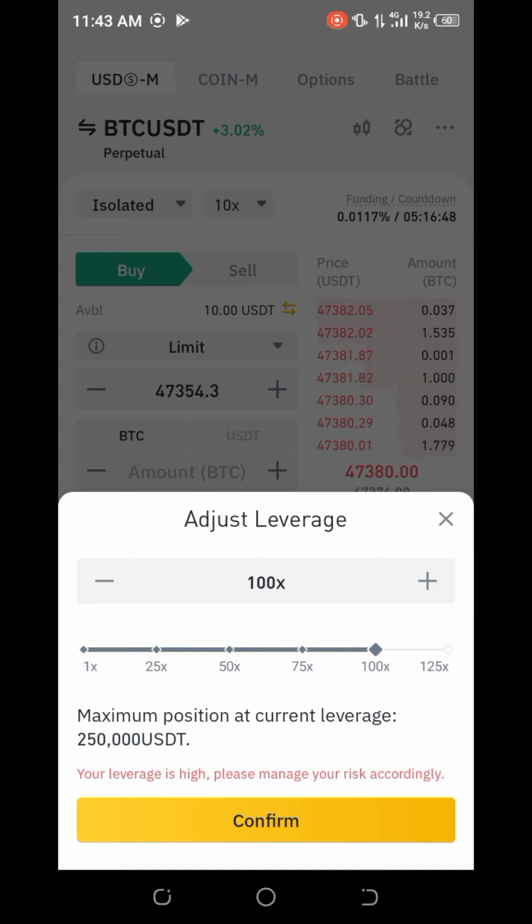So that means that you are entering the market like you have $1,000. This is actually a way of maximizing your profit if you understand the market. We are not going to talk much about this, but you just need to keep the leverage at 10x if you are new to futures trading. And that is it for now.